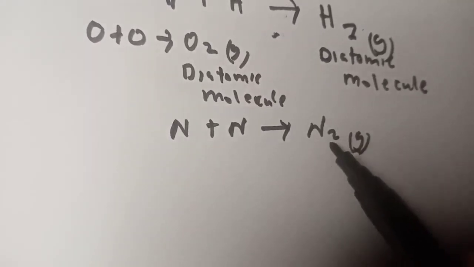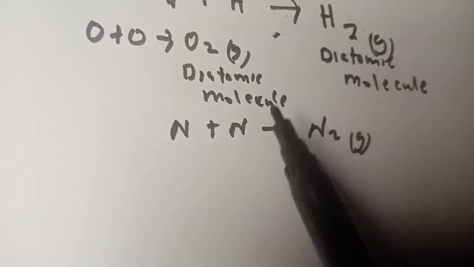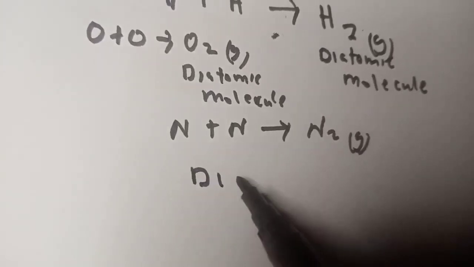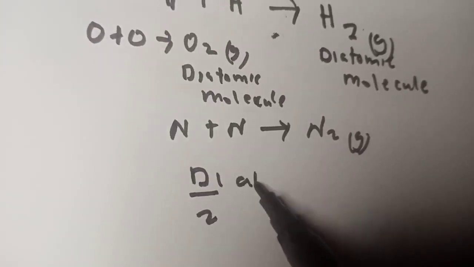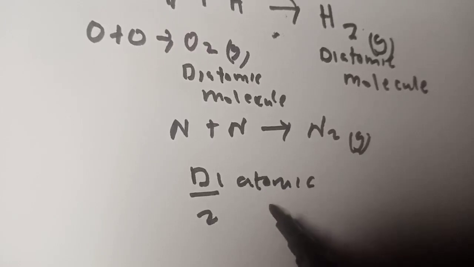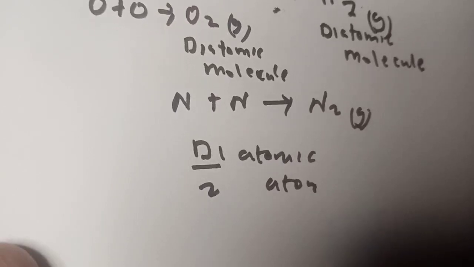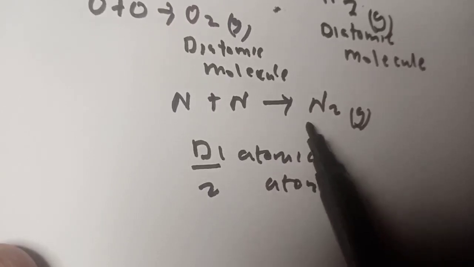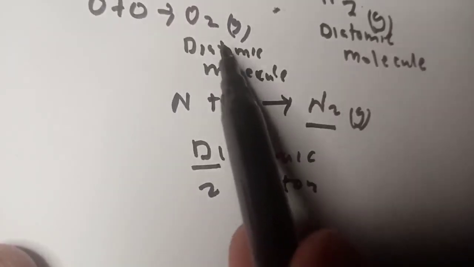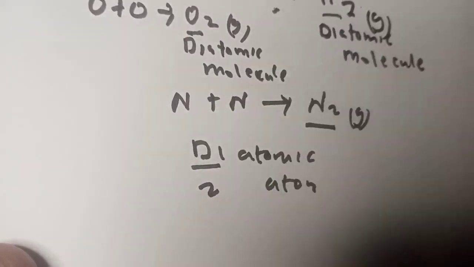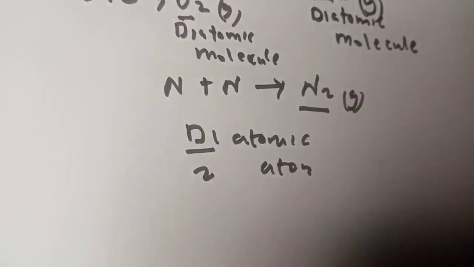So that's where the name di comes from. Di means 2, and atomic simply means atom. So diatomic molecules are made up of 2 atoms. No wonder all these diatomic molecules have a 2 down.